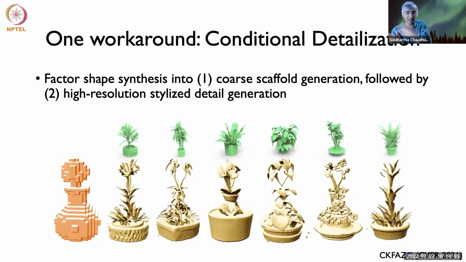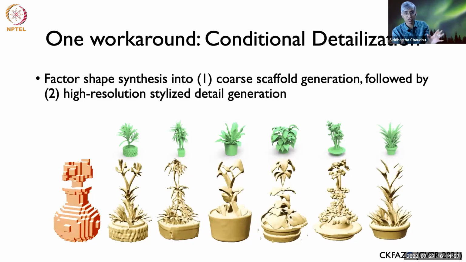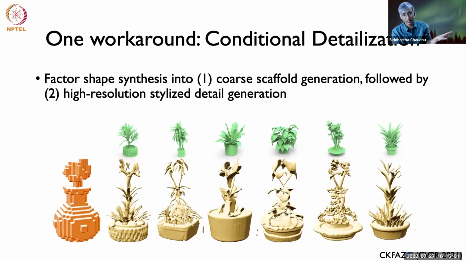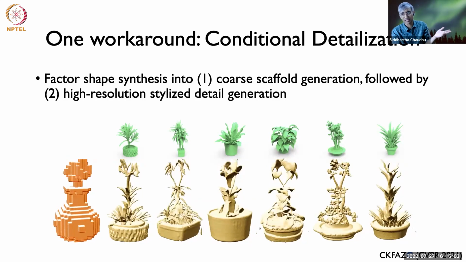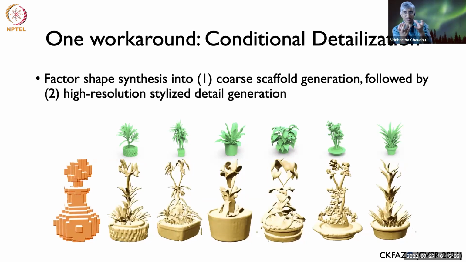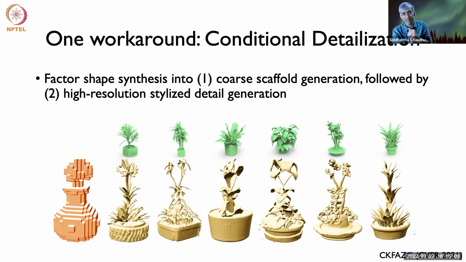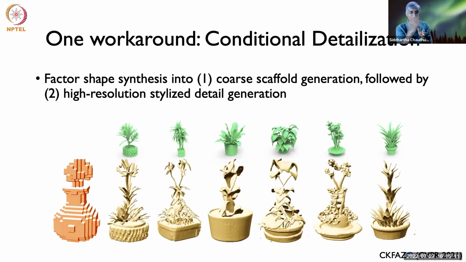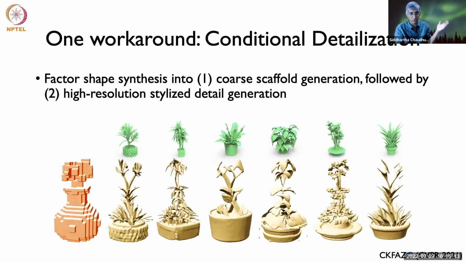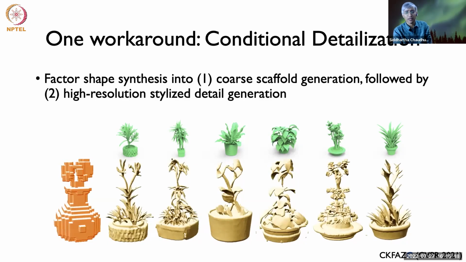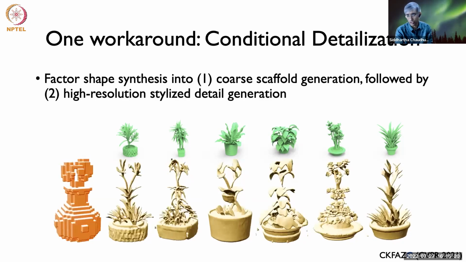Now, do note that the detail exemplars in their core structure do not look at all like the core scaffold at all. But somehow the high resolution detail is being factored out from the detail exemplars in green on top and being applied to this core structure to make it look like something which is much more high resolution and detail. Okay, so this class of methods is what I'm going to call detailization.